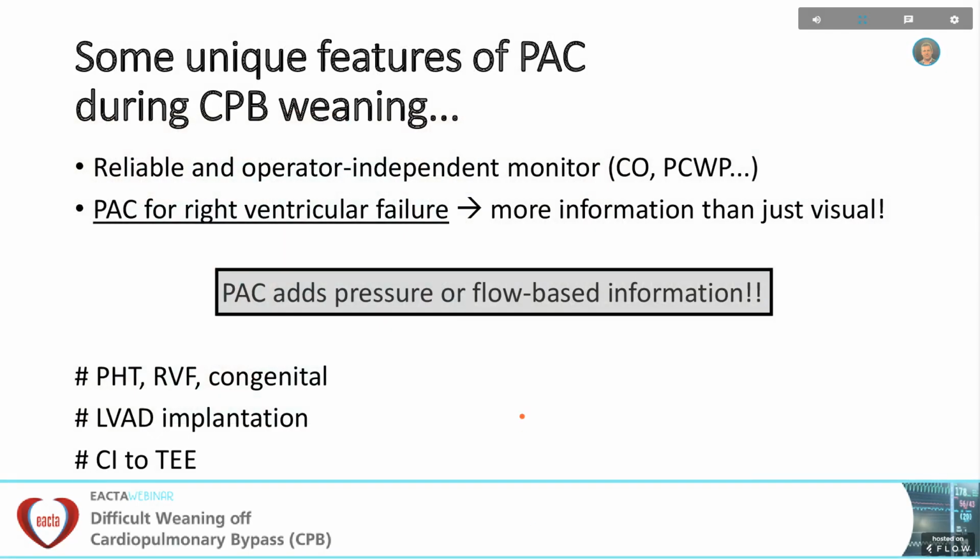So it's a reliable and operator-independent monitor for cardiac output and pulmonary capillary wedge pressure. For right ventricular failure, you have more information than just visual, because you add pressure and flow-based information: in congenital disease, right ventricular failure, pulmonary hypertension, in LVAD implantation, and in patients with contraindications to TEE.